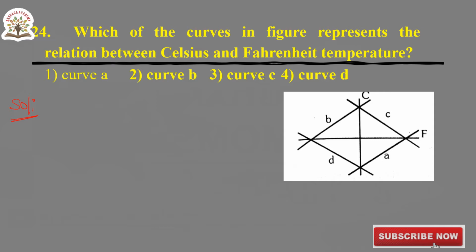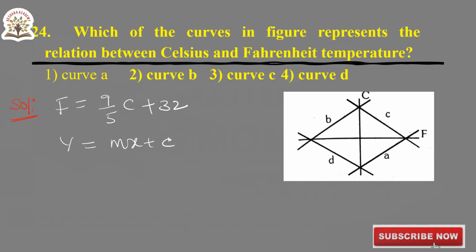The relation between Celsius and Fahrenheit is F is equal to 9 by 5 C plus 32. Here the figure represents a straight line equation, that is slope intercept form, that is y is equal to mx plus c.